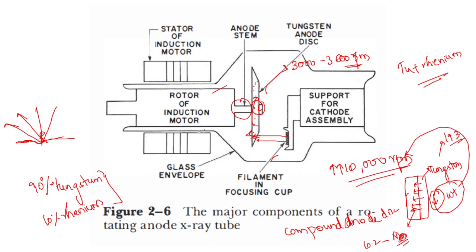Instead of molybdenum, a few compound anode discs were developed with carbon or graphite with tungsten, because graphite is even lighter than molybdenum. As a result, this will also help in better dissipation of heat and increase the velocity of the rotating anode. So these are the important points about the anode.